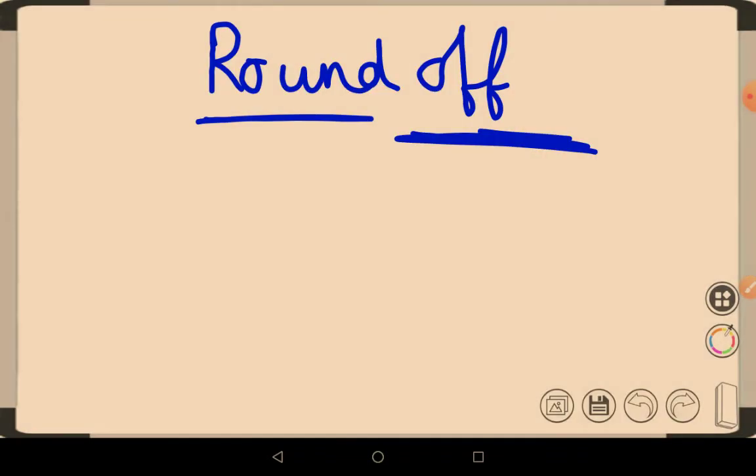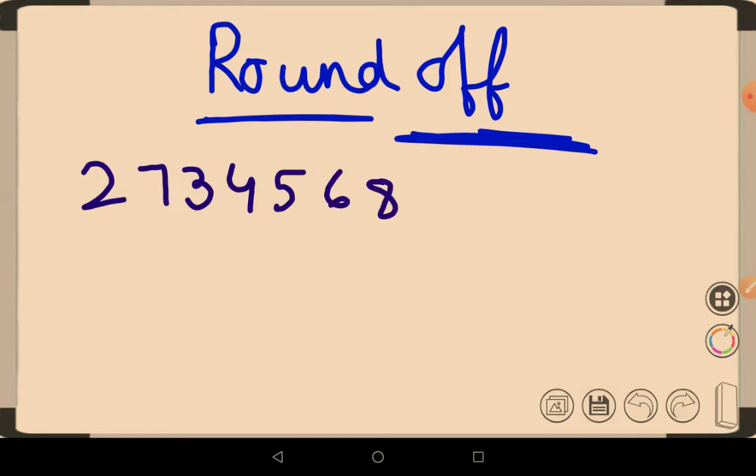Now see, I've given you the number 2, 7, 3, 4, 5, 6, 8, with commas. First of all, to round off, there's a main thing. Like we learned from the basics, place value and face value of a number. Face value means the number itself, place value means the value.